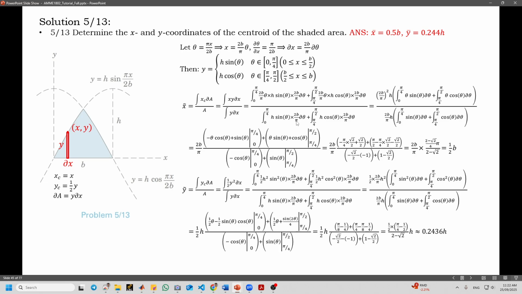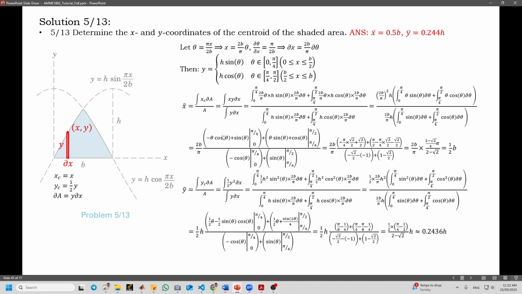Again, the same thing for theta cosine theta. We have this, and we just plug pi over 2 here, for example, and then pi over 4 again here, and we subtract them with each other.